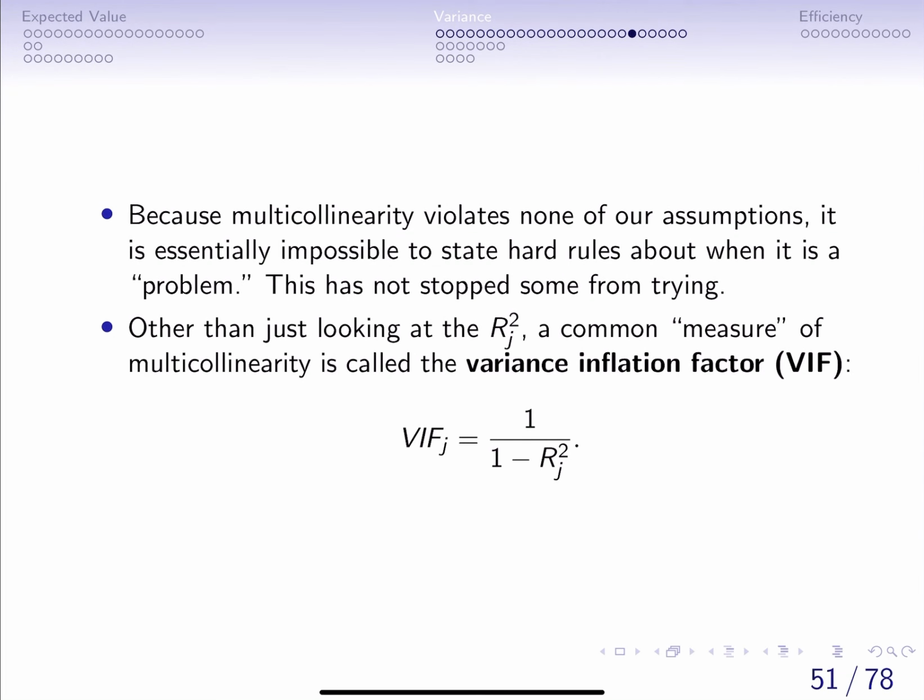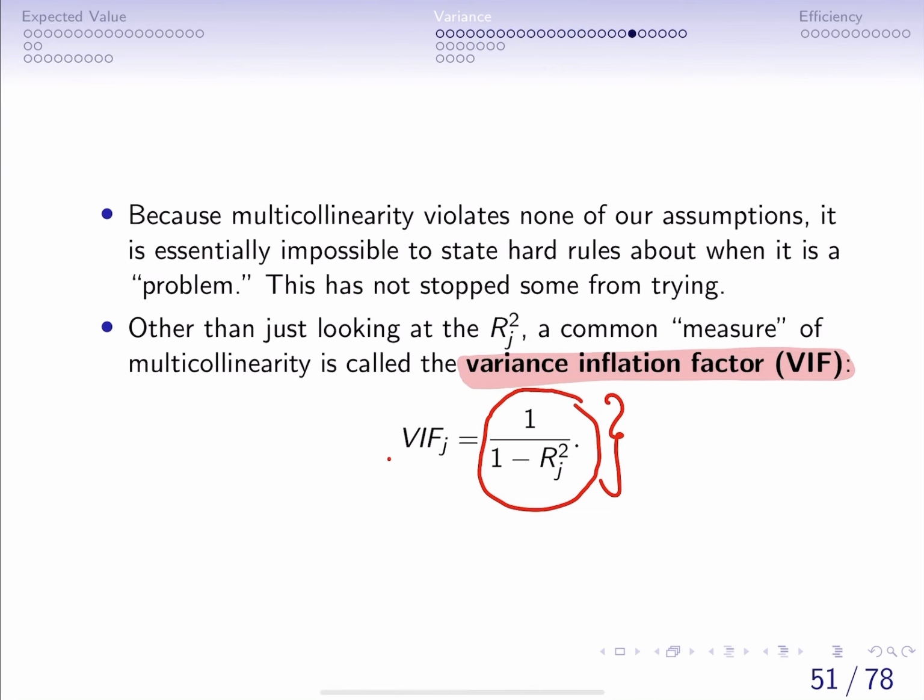The only other term that we define here is called the variance inflation factor. And this is just the ratio of 1 over 1 minus R squared j. So you basically can interpret this ratio as something that's inflating the variance of our estimator.